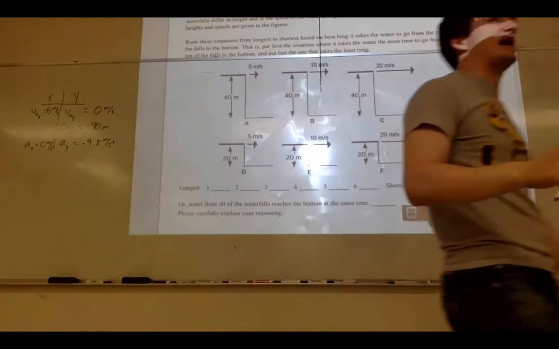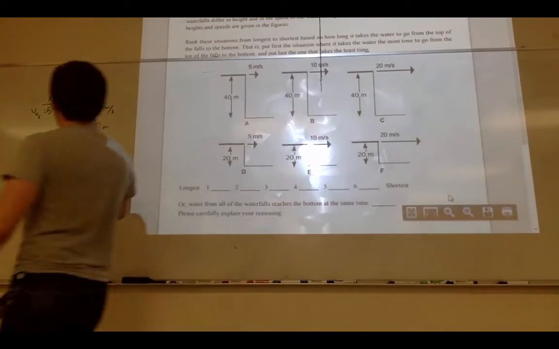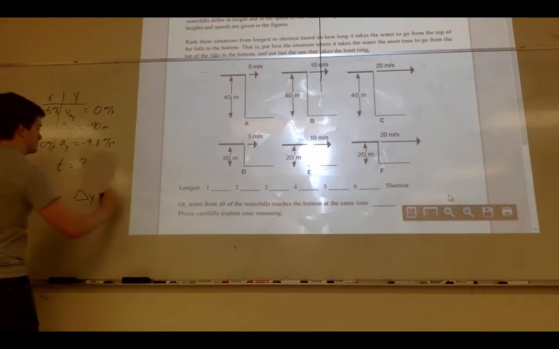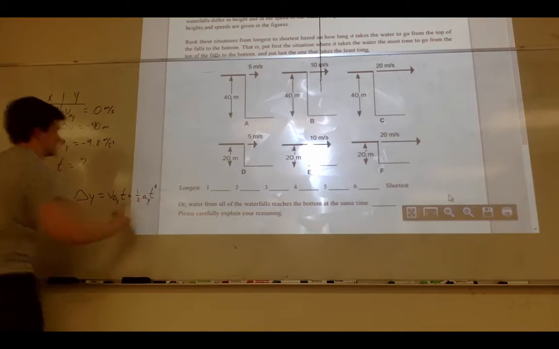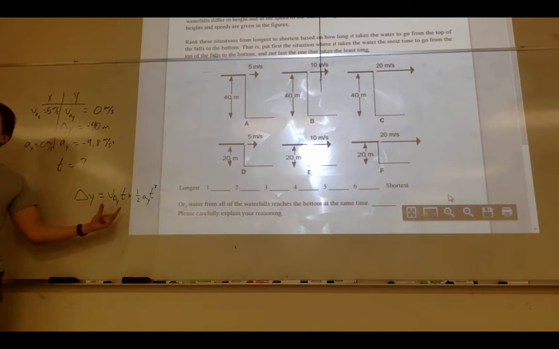So if I ask you to find time, what are you going to use, the x or the y side? You're going to use the y side, and you're going to get to this equation. That is going to be the basis for you finding time. What is this term going to be? 0.